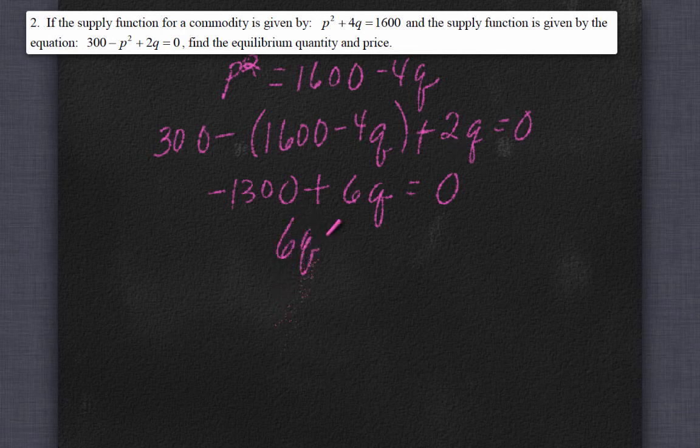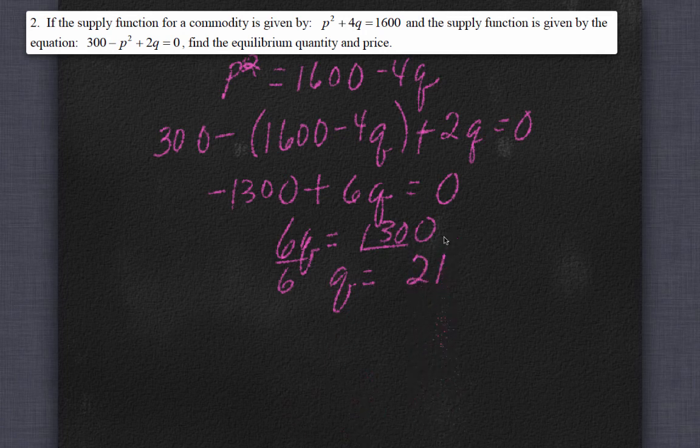So 6q equals 1300. Okay, so the quantity is going to be 217.